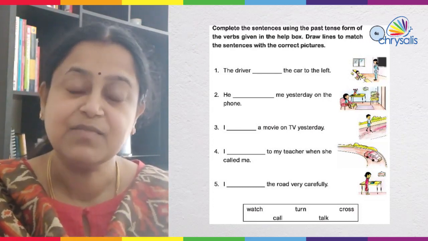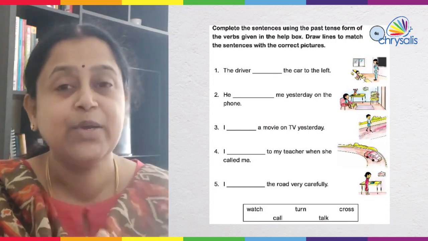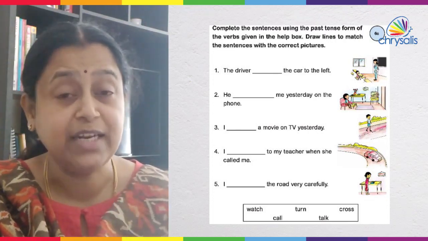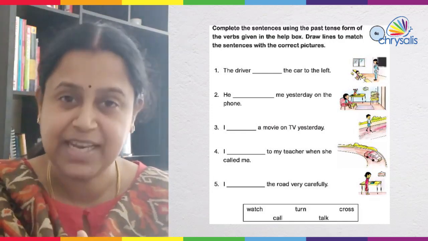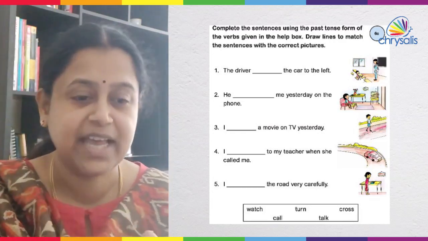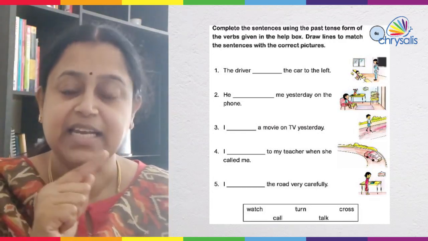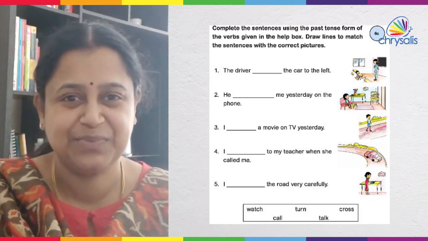These are all in which form? Present tense form. First of all, you need to change everything to their past tense form. Then you need to fill in the blanks and complete the sentences. After that, once you complete, draw lines to match the sentences with the correct picture.